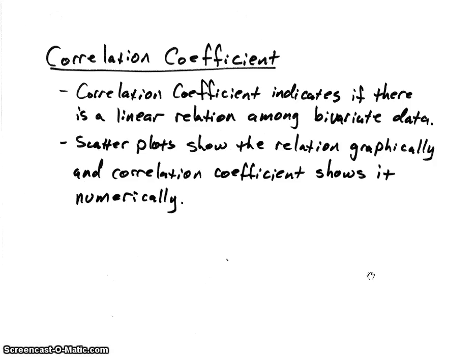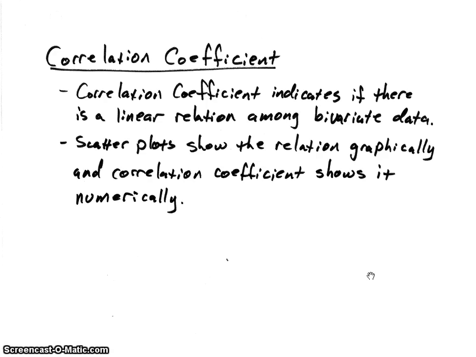The correlation coefficient tells us how the x and y data are related to each other in our bivariate data set. It gives an indication of the linear relation between the data.